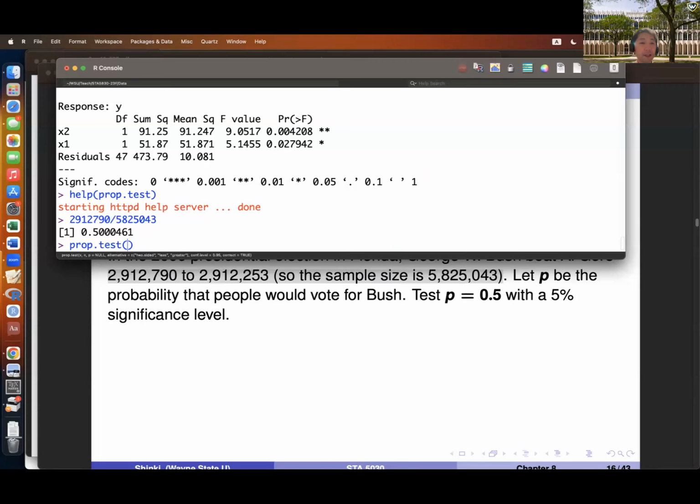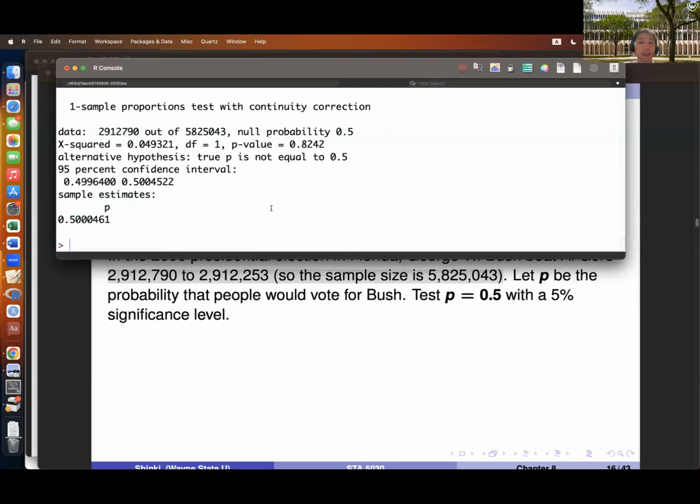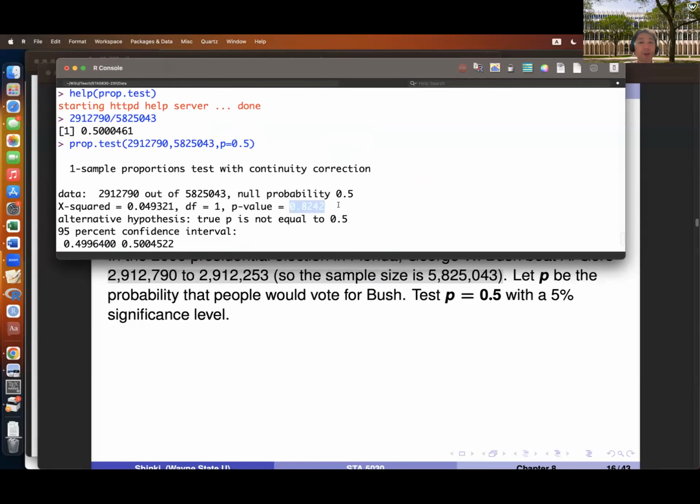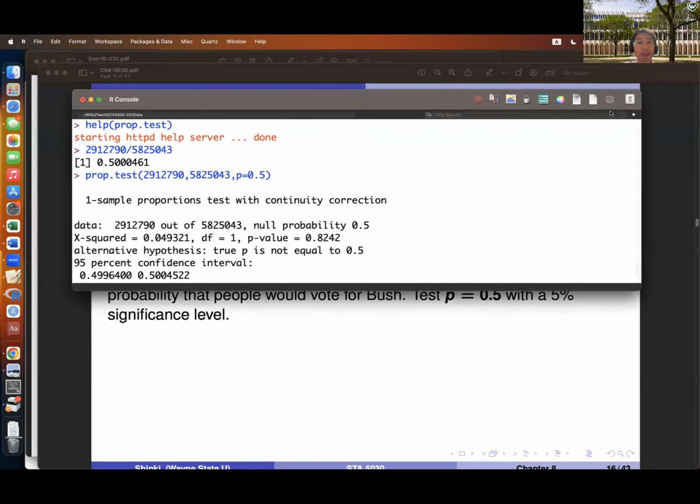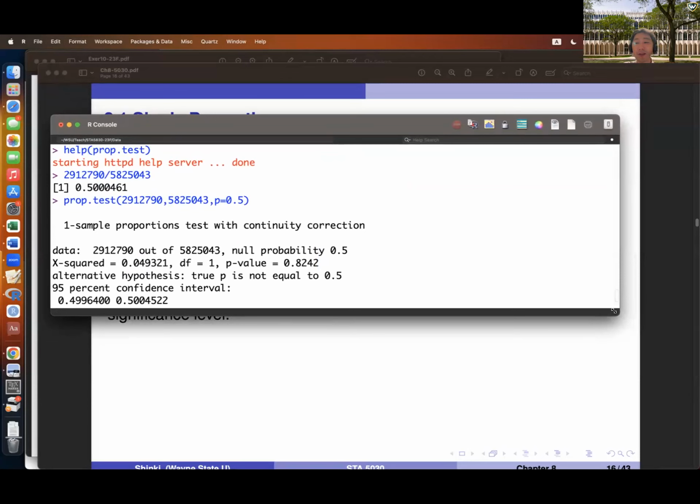And prop.test with these numbers, and the null hypothesis is p equal to 0.5. So we got this. The p-value is 0.82, so it does not reject the null hypothesis that the true probability is 50%.